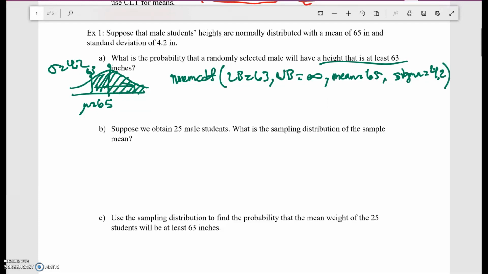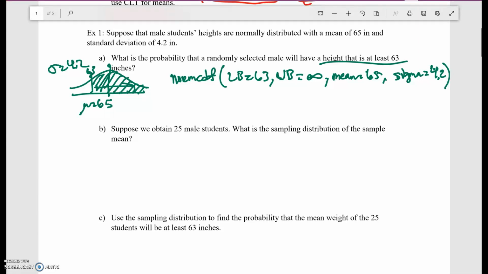Okay, so all I gotta do is just plug all of this into my calculator. Whatever calculator you may have, I'm going to go to distributions, normal CDF. My mean is going to be 65, my sigma is going to be 4.2, my lower bound is going to be 63, and my upper bound is going to be 1 times 10 to the 99 power, or infinity.